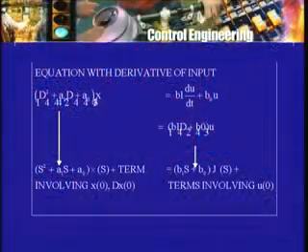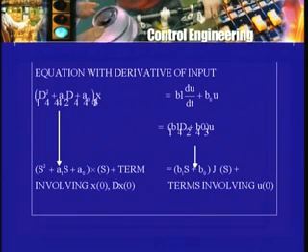Let us take for example the second order differential equation, D squared plus a1 D plus a0 operating on x, but that is no longer equal to the input u. For some reason it is not u, but it is a combination of a derivative of u and u. For example, it may be, and here I am using a natural notation, b1 du/dt plus b0 u.